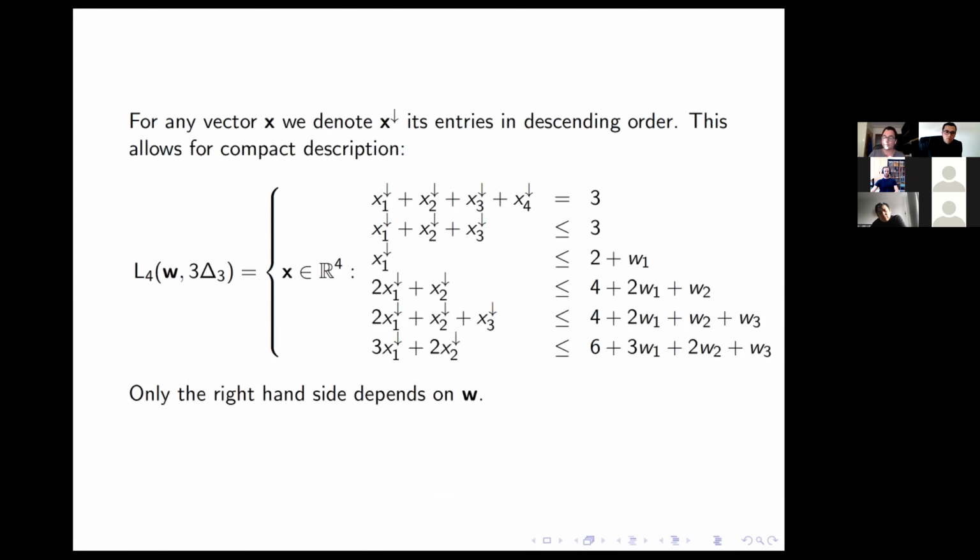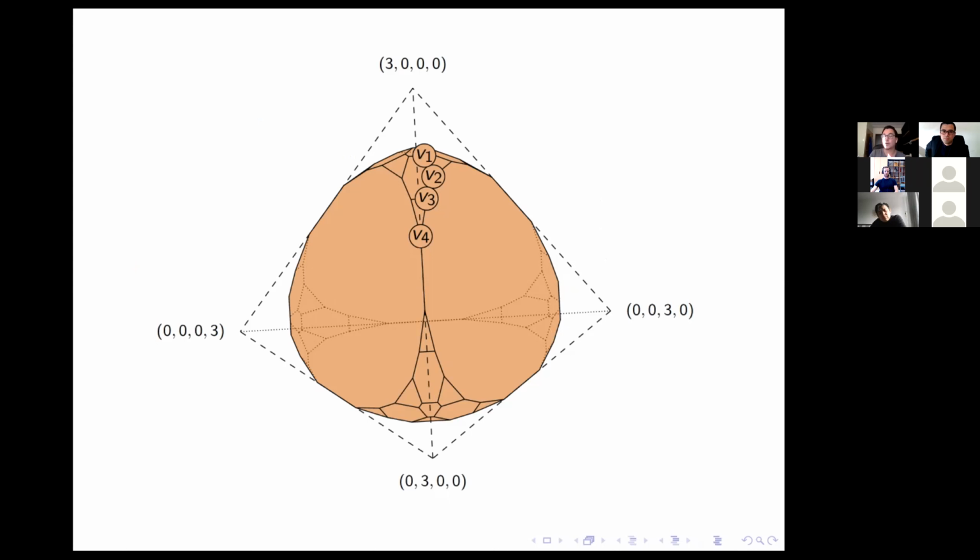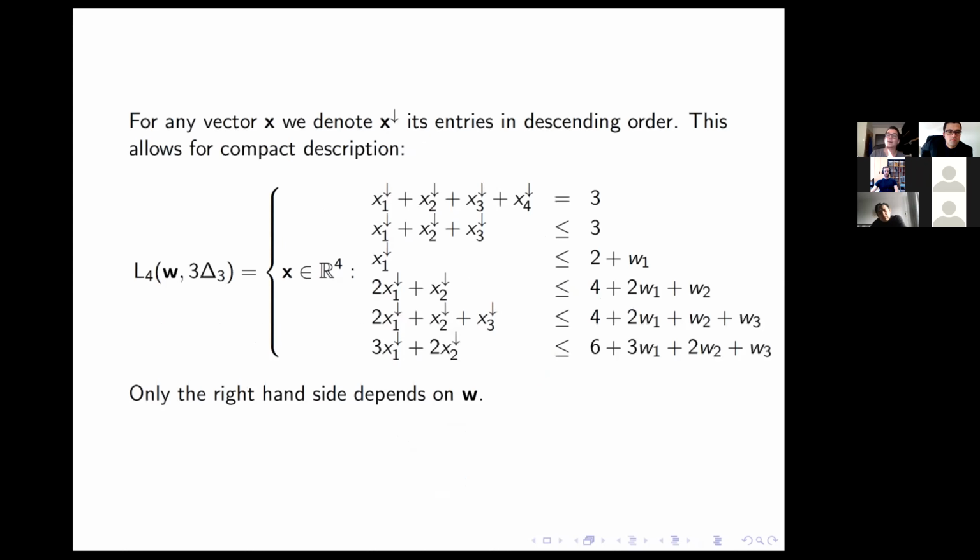So this set has a lot of inequalities, but up to symmetry, we can describe just this one. We are looking at all vectors in dimension 4. So this will be the spectrum of something, no? They have to add up to 3, and the down arrow means order them decreasingly. So the second line is saying the sum of the largest 3 is at most 3.